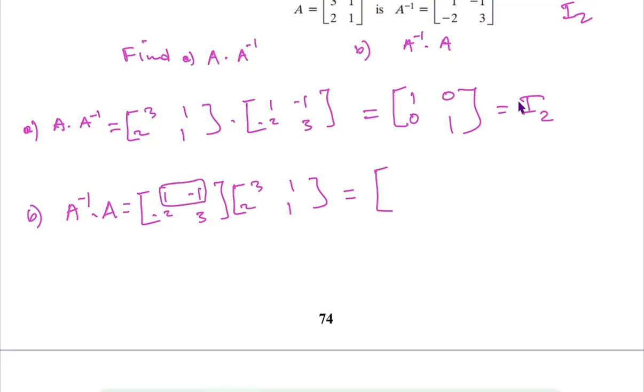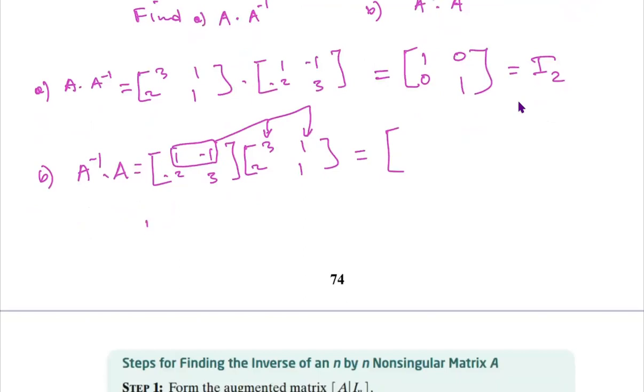First row multiplies the first column and then the second column. So that's 1 times 3 minus 1 times 2. That equals 3 minus 2 equals 1. Now we're going to do the first row and second column. So that's 1 times 1 minus 1 times 1, that's 0.